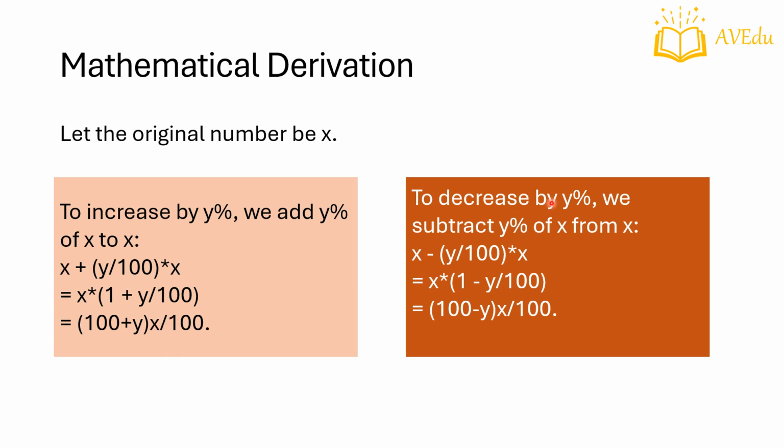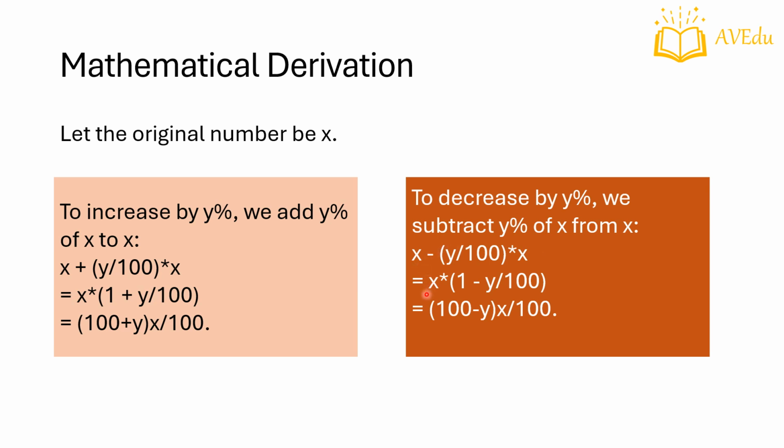Similarly, when x is decreased by y percentage, we have to subtract y percentage of x from x. That means x minus y by 100 multiplied by x. This quantity represents y percentage of x, and since we are decreasing, we are subtracting it.